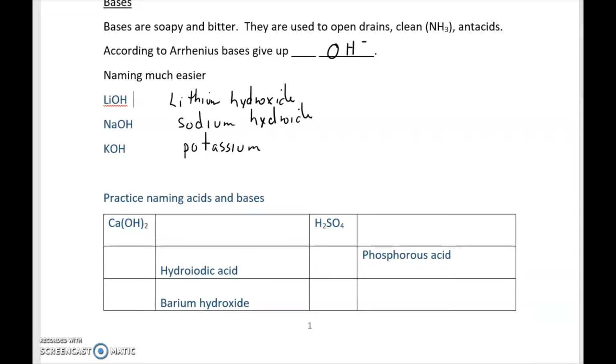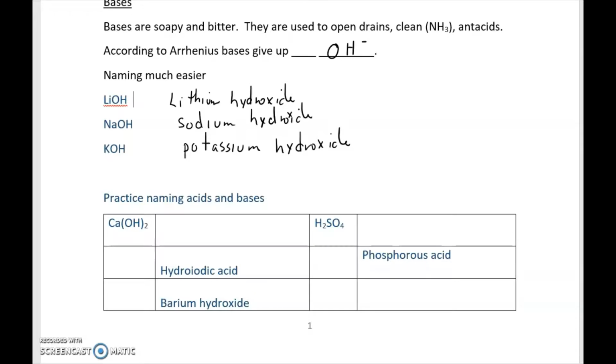Excuse my handwriting here. I'm trying to write fast. There should be an X up here somewhere. Okay. So let's practice naming acids and bases.